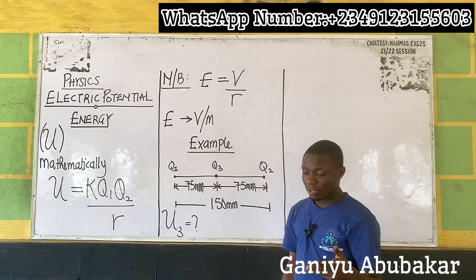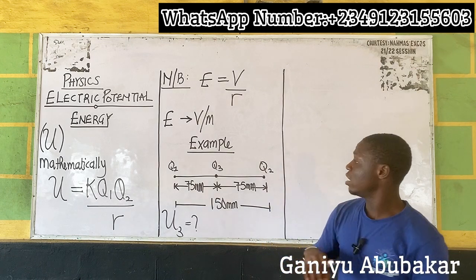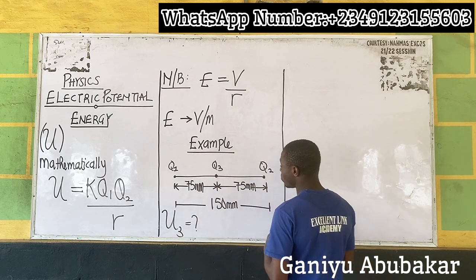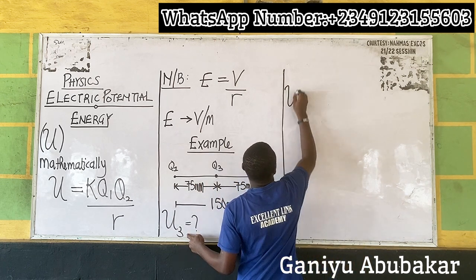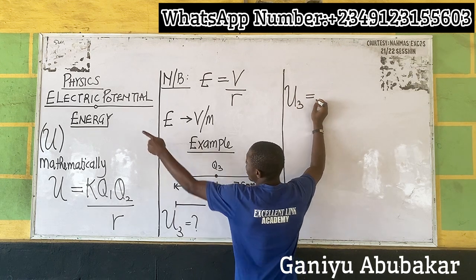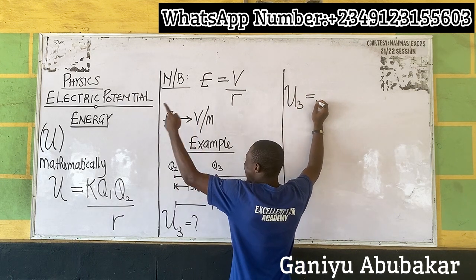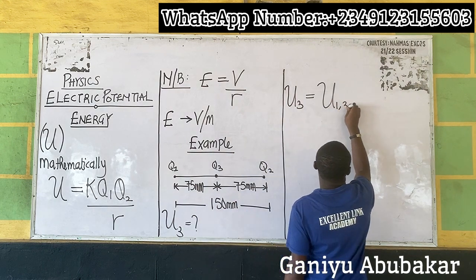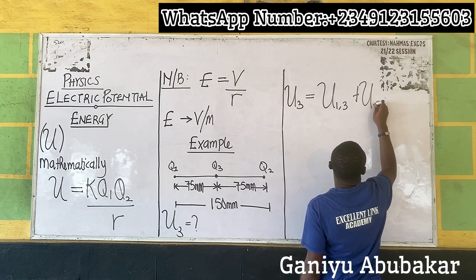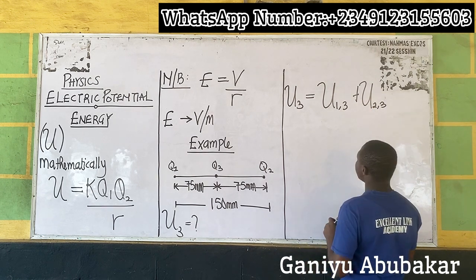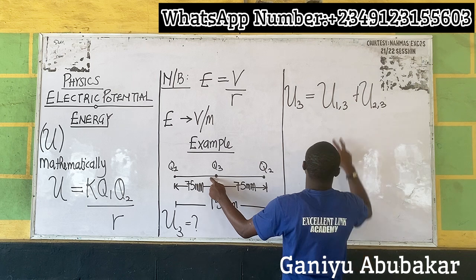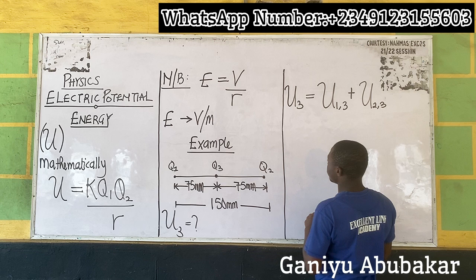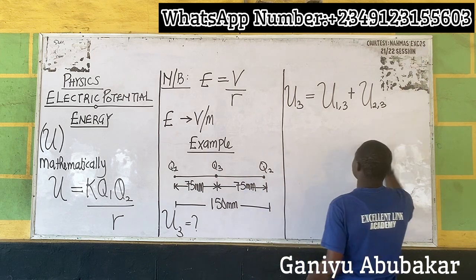It's simply the concept we did last class. I'm comparing charge Q3 with Q1, and Q3 with Q2. So U3, the electrostatic potential energy at charge Q3, is equal to U13 plus U23. I'm comparing 1 and 3 in this case, plus 2 and 3.